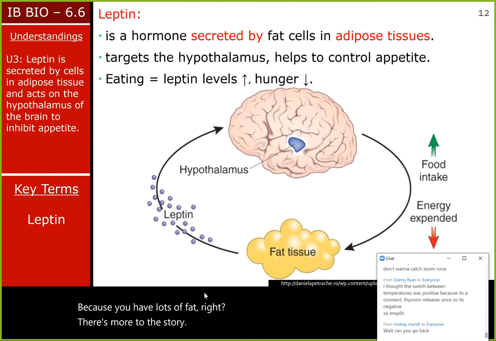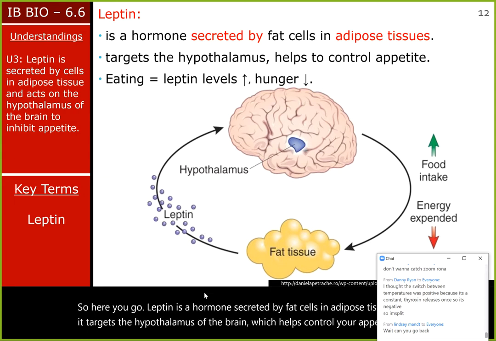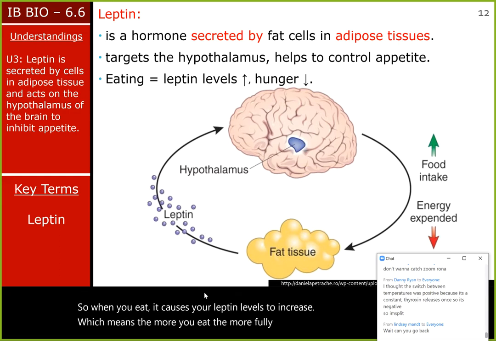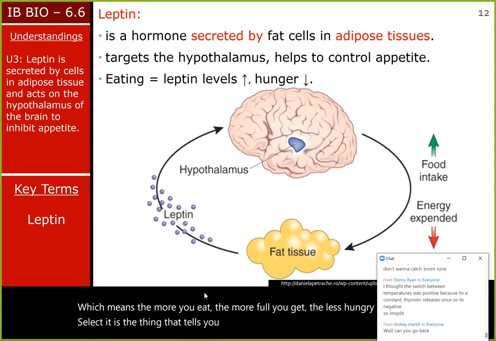So here you go. Leptin is a hormone secreted by fat cells in adipose tissues, and it targets the hypothalamus of the brain, which helps control your appetite. So when you eat, it causes your leptin levels to increase, right? Which means the more you eat, the more full you get, the less hungry you are. So leptin is the thing that tells you to stop eating when you've had too much food.